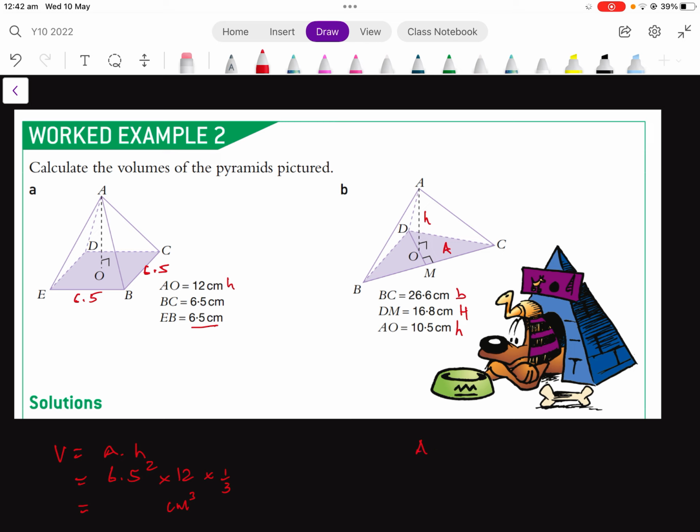So the base area of the triangle is going to be half base into height, which is half 26.2 into 16.8. Now my volume is equal to A into H, where my base area we'll get from here, and my H is 10.5, and of course this is 1/3, so divide by 3, centimeter cube.